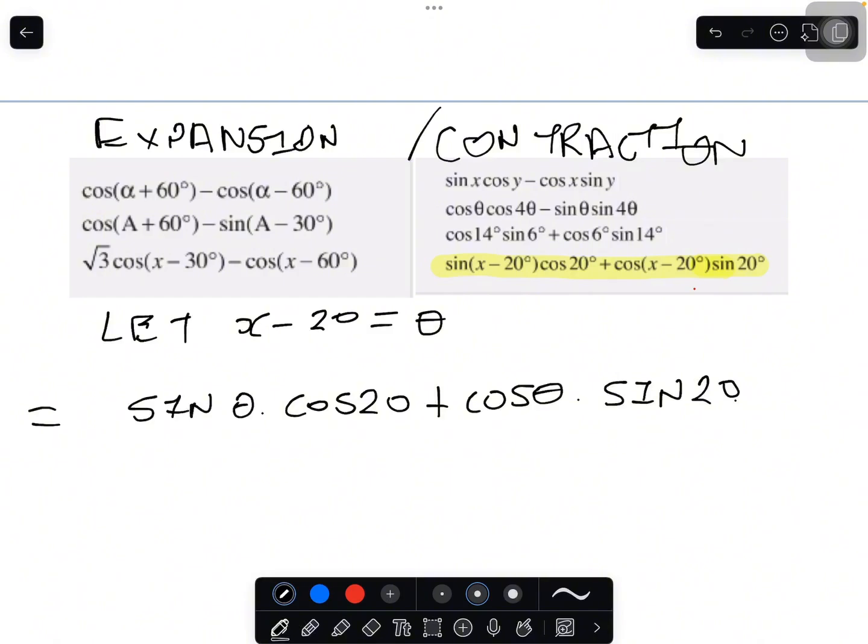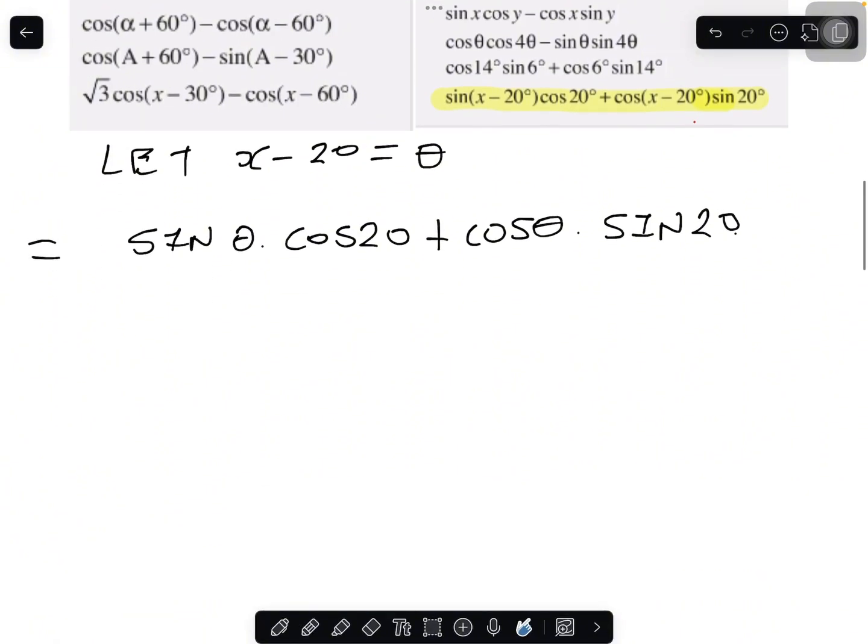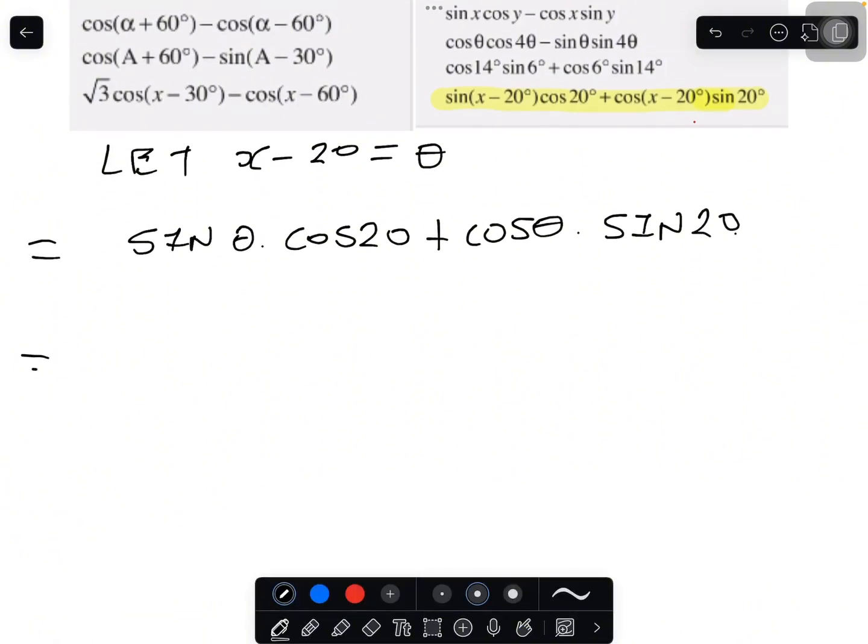Now the question doesn't even have a theta in it, so we have to now substitute back in after we contract them. So I have a sine and a cos and a sine, so I know I'm dealing with the sine compound angle. There's a plus there, so it'll be theta plus 20.